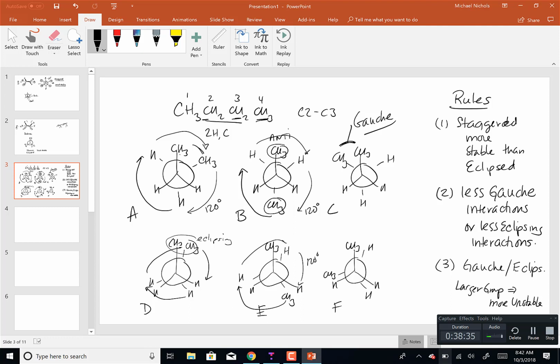So which one is this? Staggered or eclipsed? I'll tell you it's staggered. So this is the one where the 2 methyl groups are gauche.